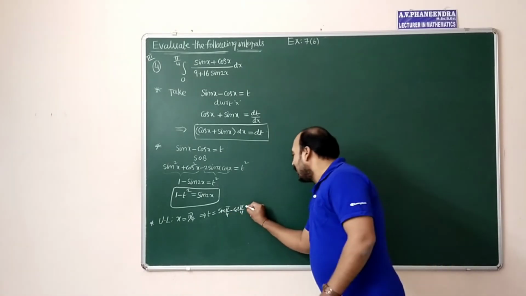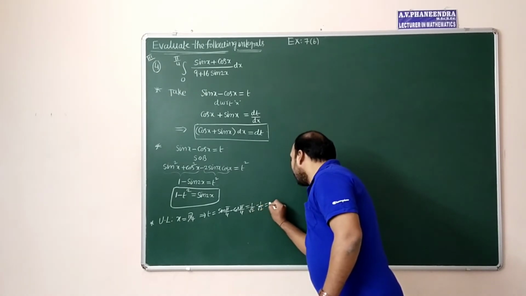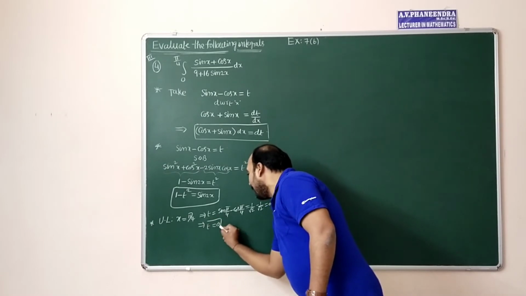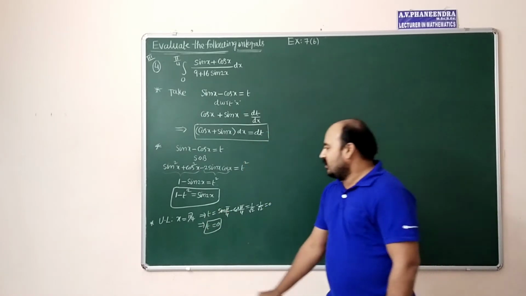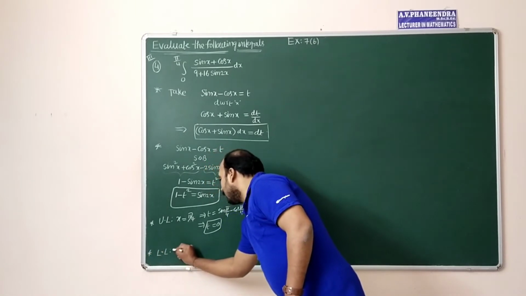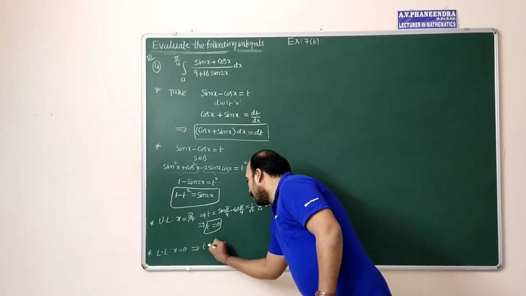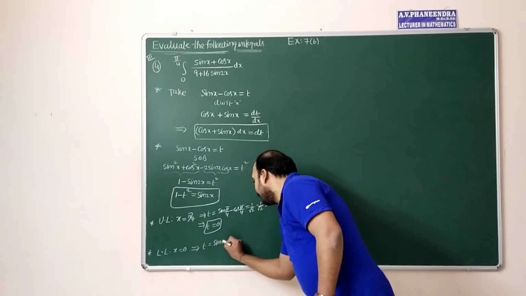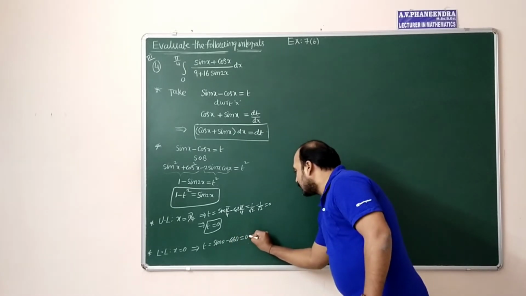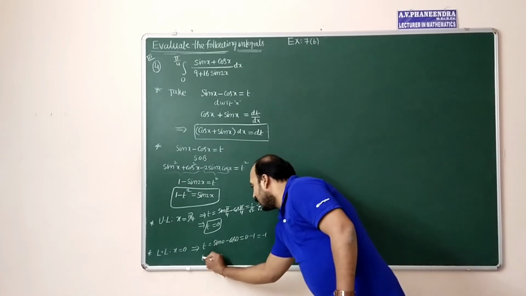So 1 by root 2 minus 1 by root 2 it will become 0. So when x is equal to pi by 4, t value goes to be 0, upper limit goes to be 0. Now lower limit. When x is equal to 0, get the value of t. T is equal to sin 0 minus cos 0. Sin 0 is 0, minus cos 0 is 1, which is equal to minus 1. So t equal to minus 1.